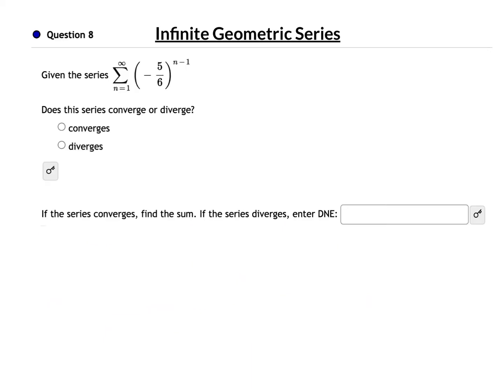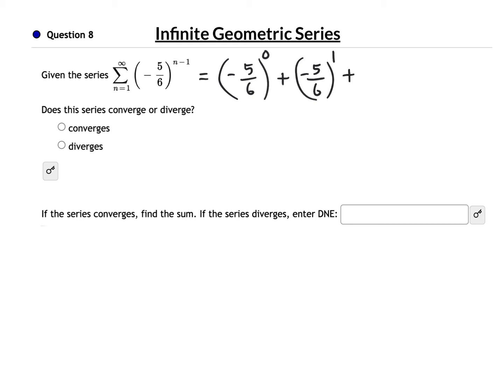Question 8. Here we have a summation. The first thing we're going to do is plug in 1. This would be equal to -5/6, and when I plug in 1, it's 1 minus 1, so to the 0th power, plus -5/6, and I plug in 2, and 2 minus 1 will be 1.